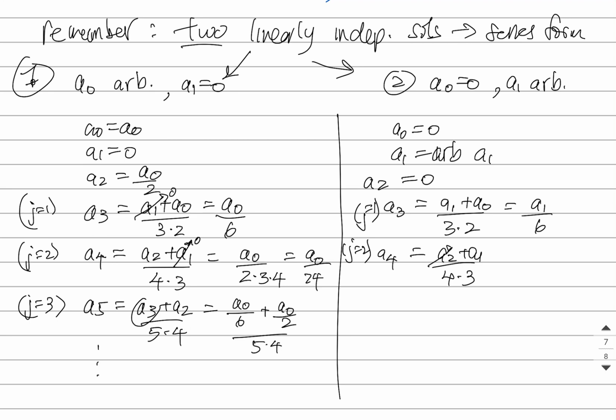Well, a2 is 0. This is going to be a1 over 12. And j equals 3 gives a5. And you see that this just becomes a lot of grunt work, very tedious, lots of work. a1 over 6 times 5 times 4, and so on and so forth.